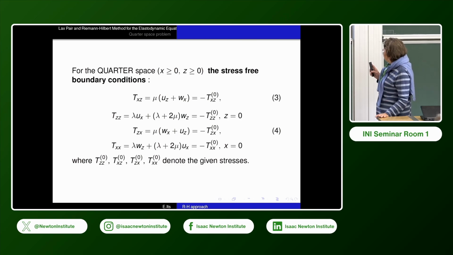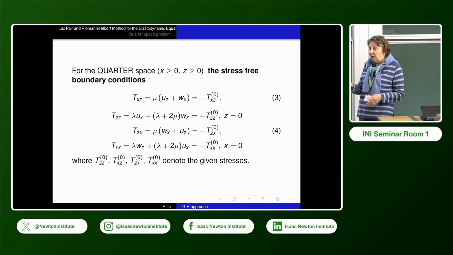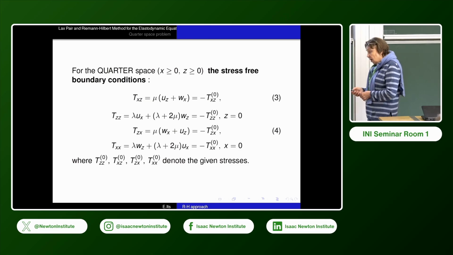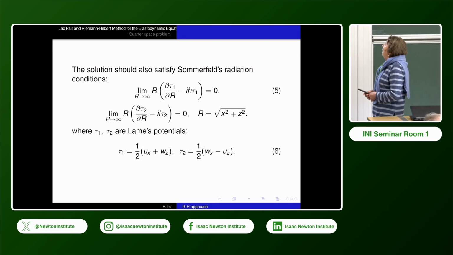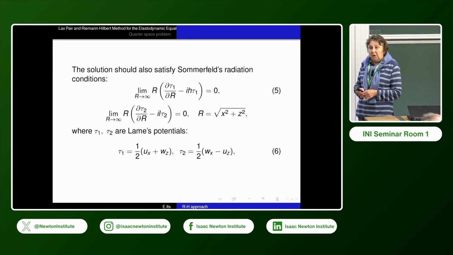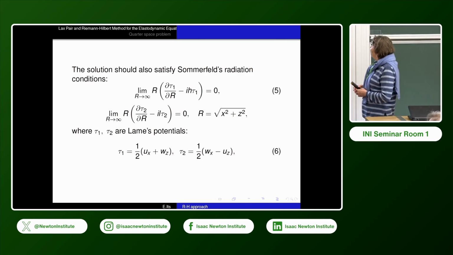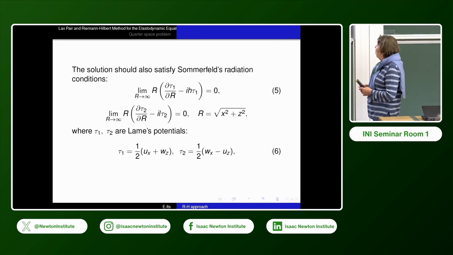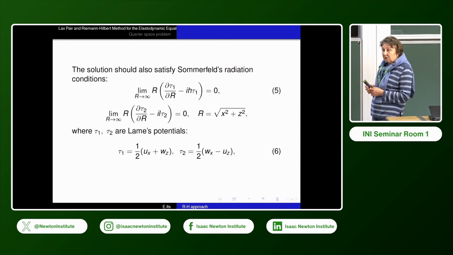In this form of the boundary conditions, we could think of the given right-hand side parts as a kind of incident wave. The solution, of course, must satisfy the Sommerfeld radiation condition, which is given in terms of Lamé potentials tau1, tau2, which are certain combinations of the derivatives of displacement.